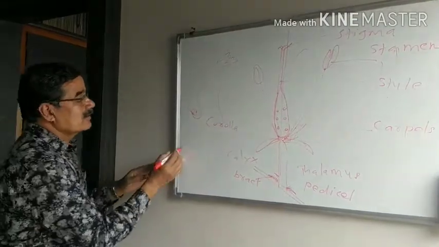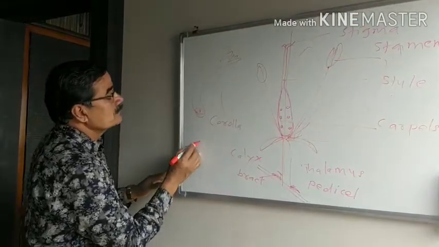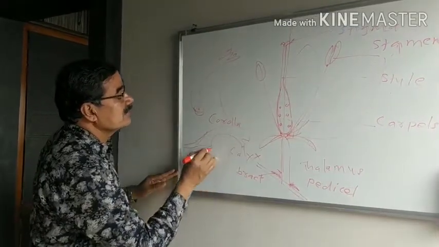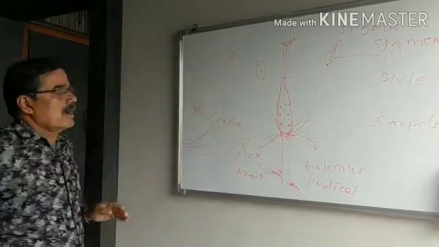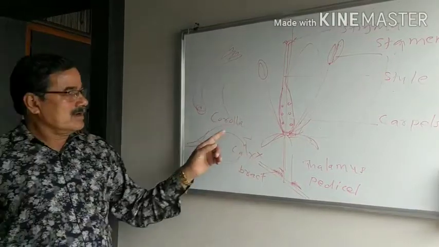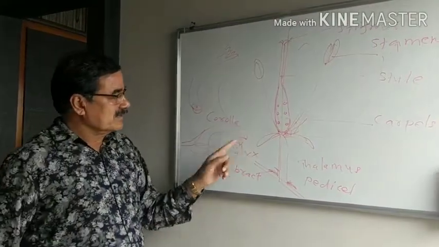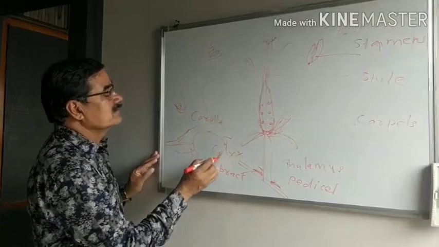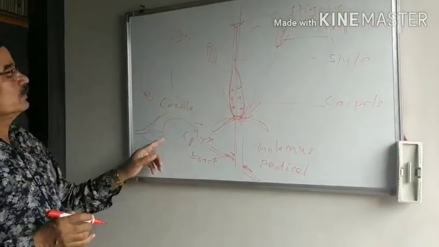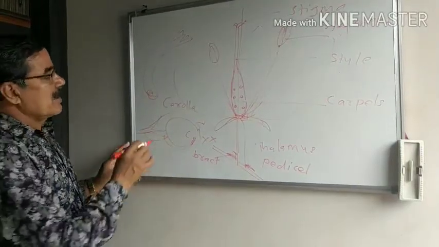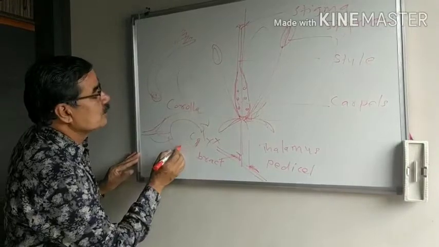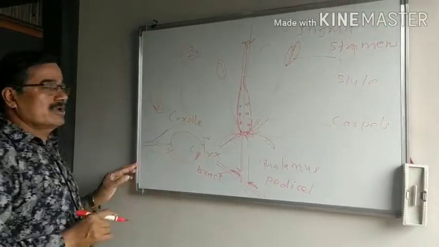The zygomorphic flower, that is the asymmetrical flower, consists of an upper part, which is made from three petals, and a lower part, made up of two petals. The upper three petals are larger in size, and the lower two petals are smaller in size.